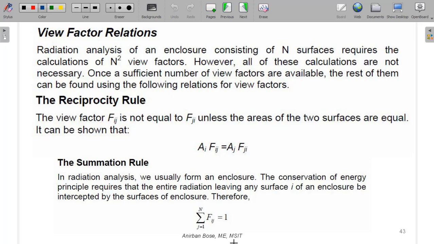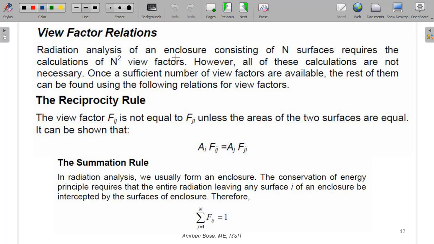geometrical orientation. Now see how many view factors we actually have to solve if there is some enclosure. The technique for finding the view factors between two surfaces is that we use the concept of the enclosure principle.